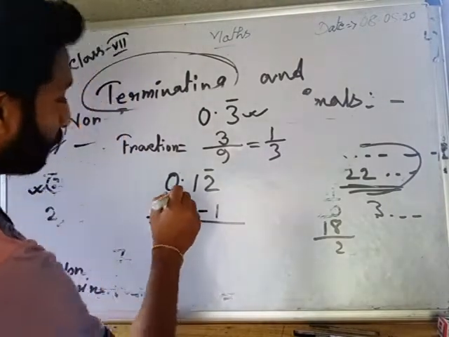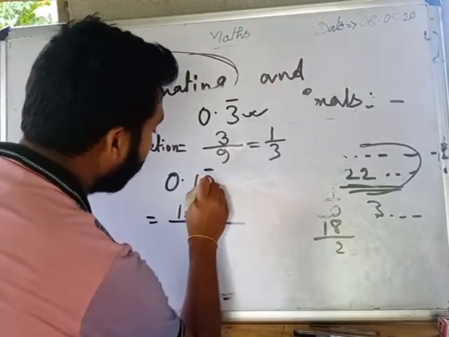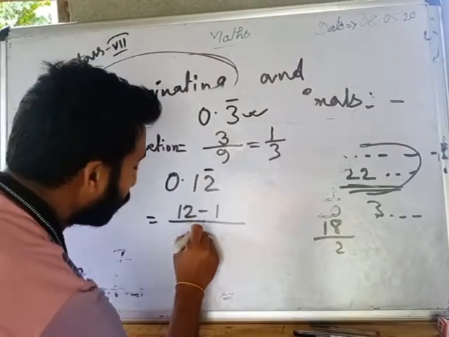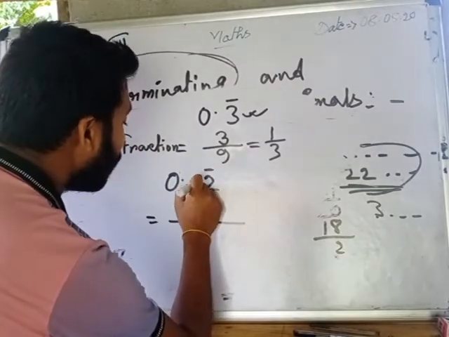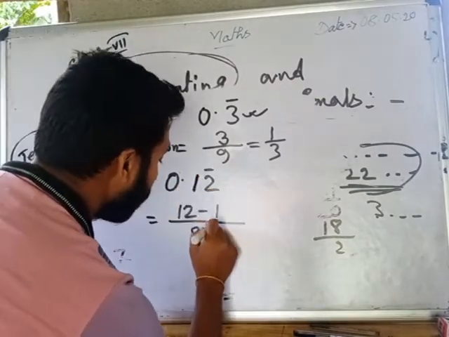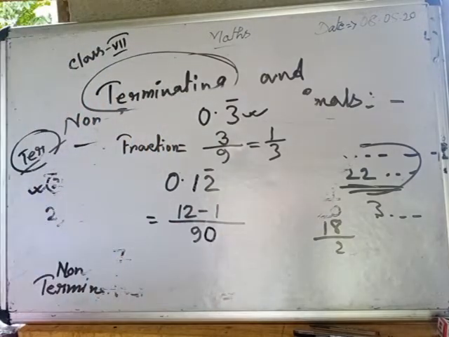After that, for the repeating digit, we should write a single 9. 1 is left out, that's why we should write 1 0.